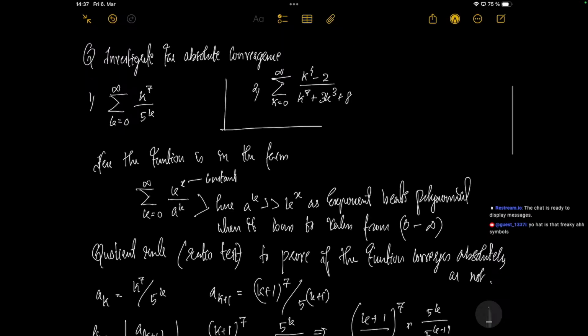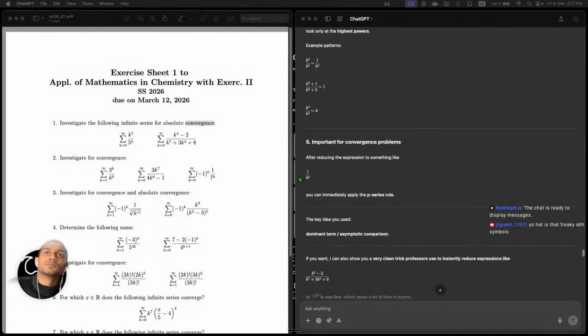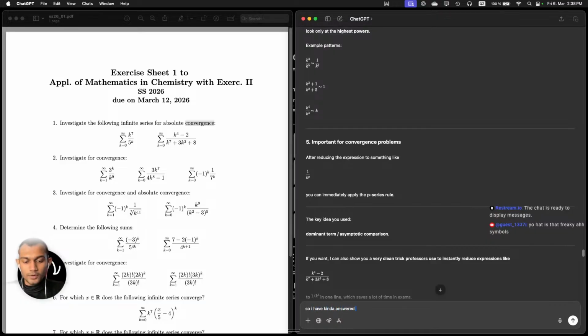Well, that's question number 2. So I have kind of answered both the functions, and from the looks of it both converge, but I feel like I haven't explained them enough.